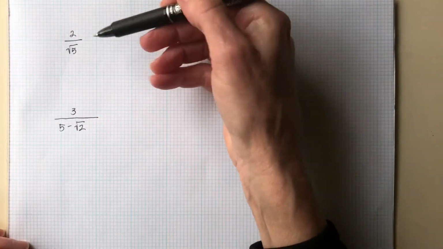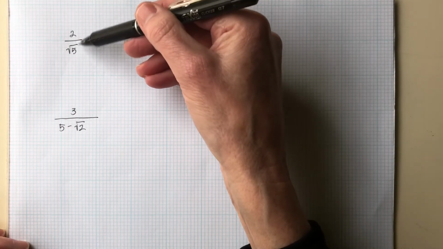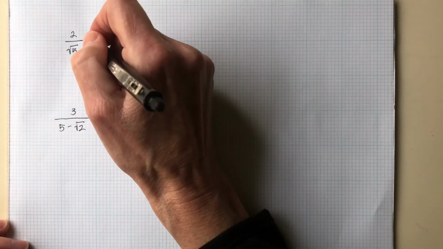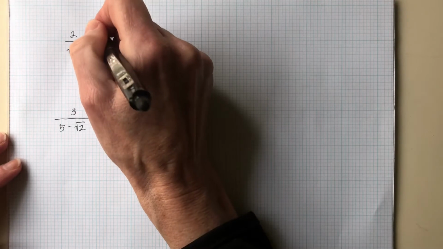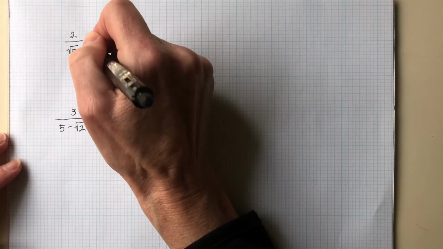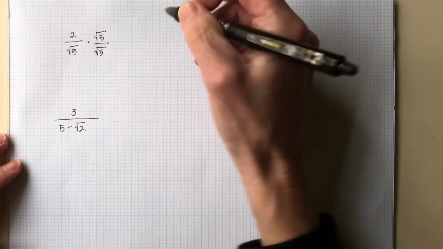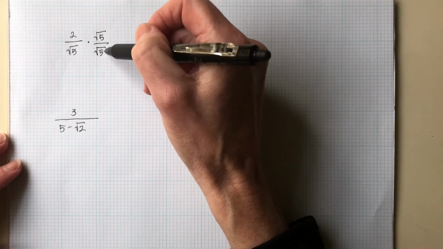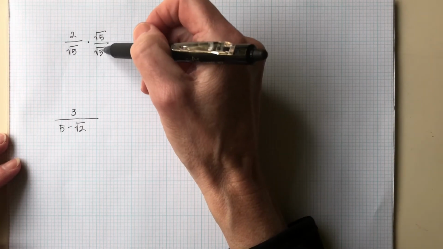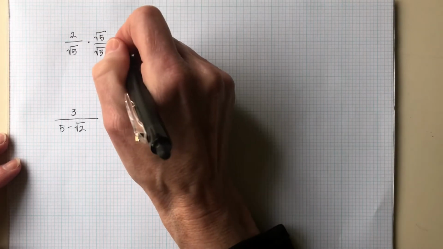If we have this expression, 2 over the square root of 5, to rationalize it, we multiply by the square root of 5 over the square root of 5. And recall that when we multiply by something over itself, that is equivalent to 1. So it's legal to do that.